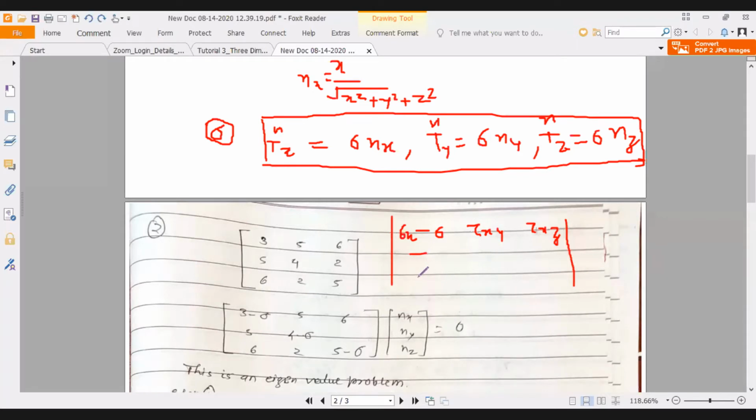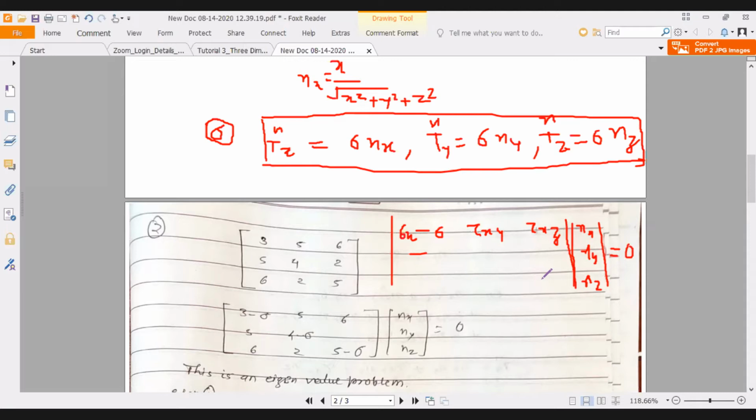These further two rows you can write, multiplied by nx, ny, nz, is equal to 0.